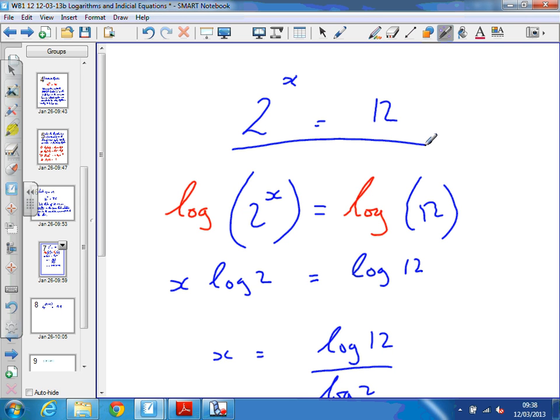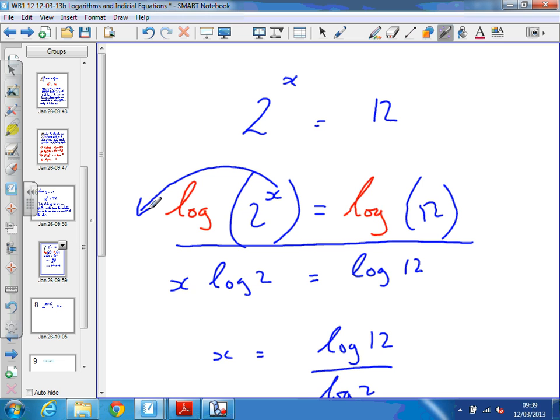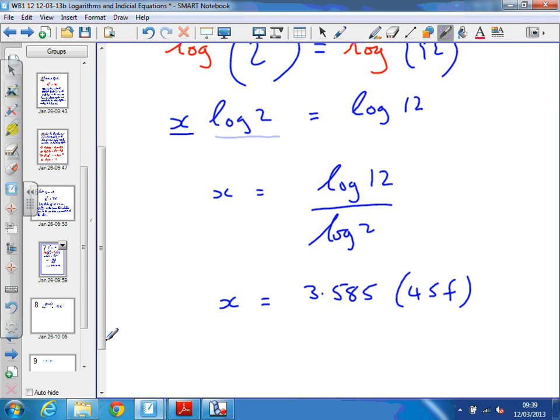So the first step, because the unknown is in the power, I take the logarithm of both sides, which means that this x can come down and become multiplied. So I brought this x down here, and that's the key step. That means now this number has been multiplied by the x, so I can divide both sides by log 2, and we get x equals log 12 divided by log 2, which is 3.585.